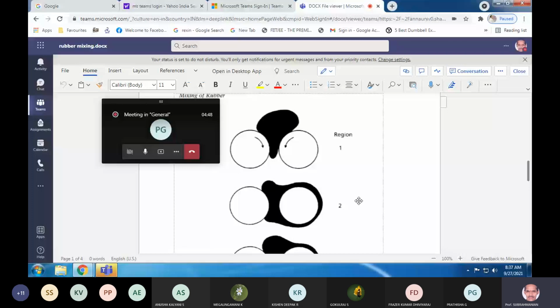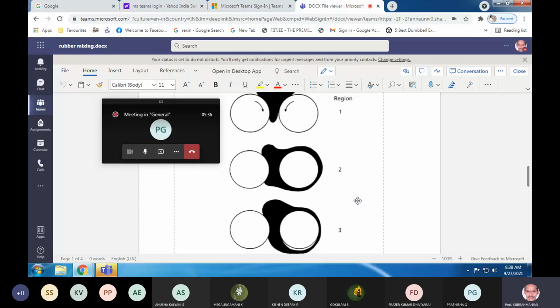So in region 1, the rubber enters a gap between the rolls. The gap, as we said last class, is known as a nip. So this nip is where the shearing of rubber stock is happening. In region 2, once the rubber has entered, it forms a smooth layer over one of the rolls. We call it banding; we call it a band.